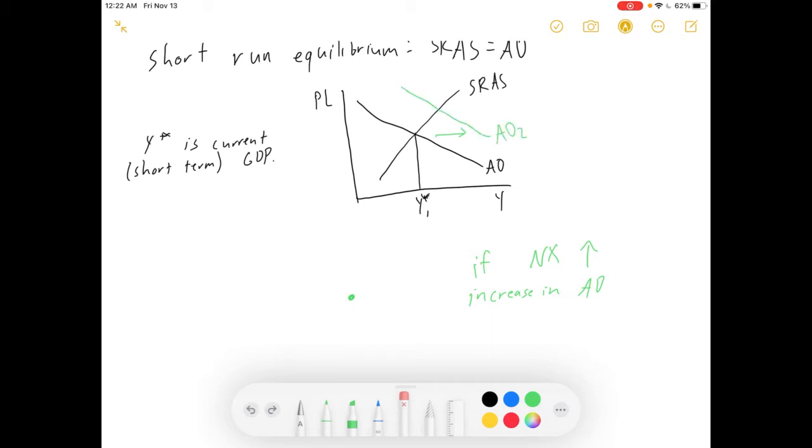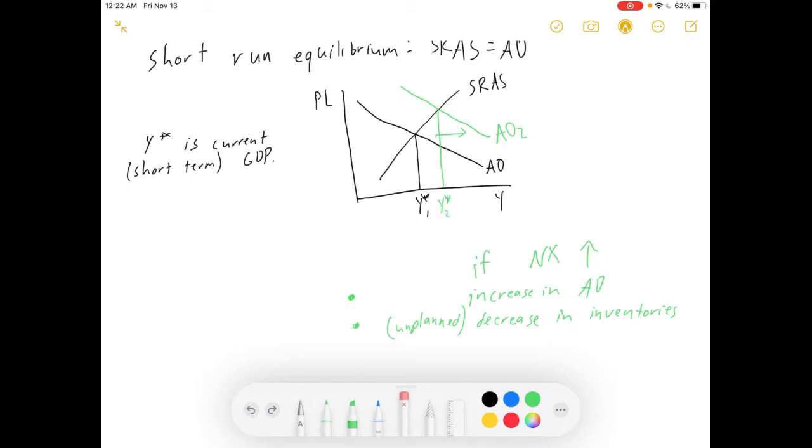So in a very real sense, this would be an unplanned decrease in inventories. I think that might be more of a distraction than a help, but it is a connection between the two models.